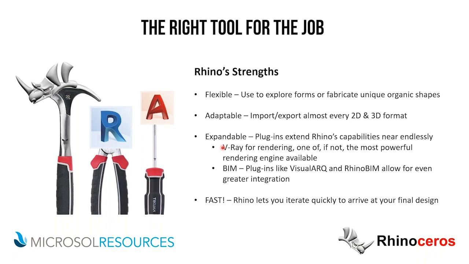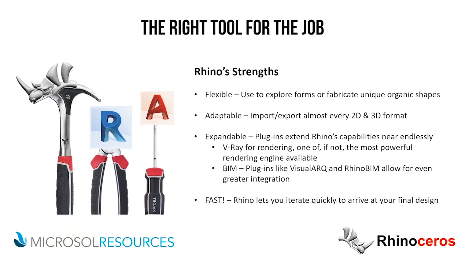Some that we're going to go over are V-Ray, which is one of, if not the most powerful rendering engine available for utilizing ray tracing and other cutting edge rendering techniques. It also has some BIM plugins like Visual Arc and Rhino BIM, which allow for even greater integration with Revit.